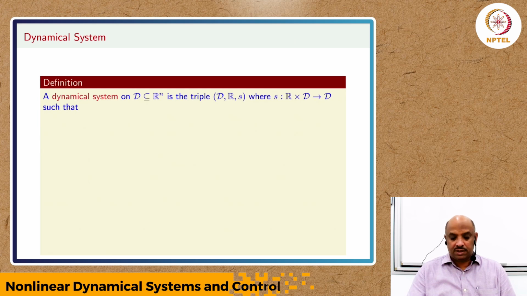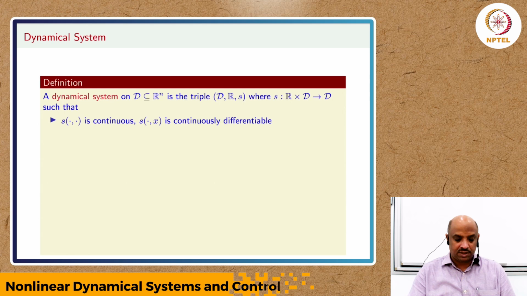What is changing? It is essentially represented as a function that is mapping from R cross D to D. So that means something that starts changing as time changes, but always lives in this world of D. And then we are not going to just say this function S is arbitrary, but we associate certain things true about this particular function.